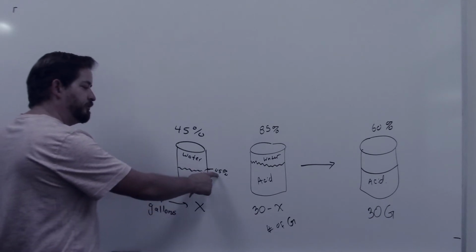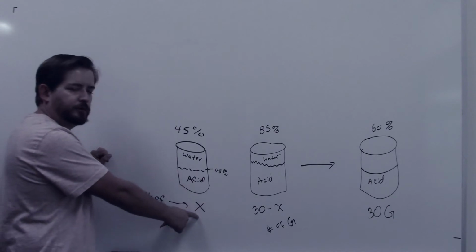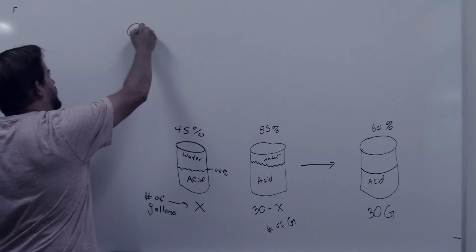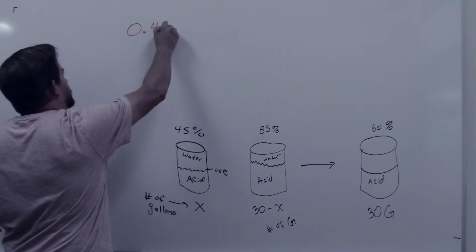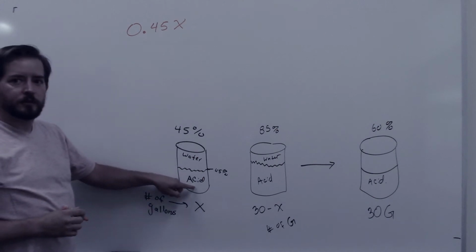So how many gallons of acid do I have here? Well, 45% of my mixture is acid, so it's 45% of however much I mix together. That is 0.45X. That's the amount of acid that comes to the table from jar 1.